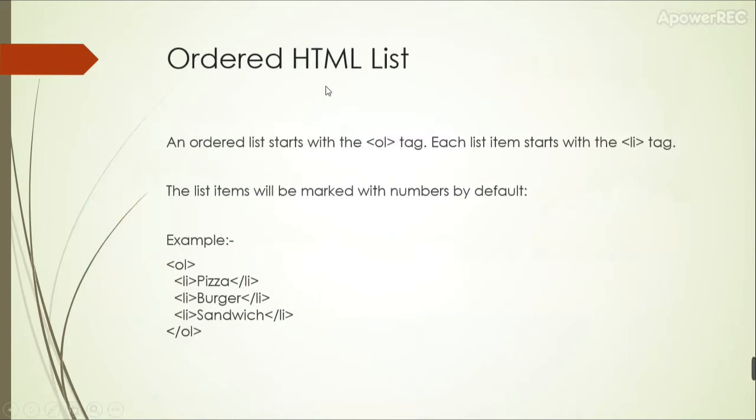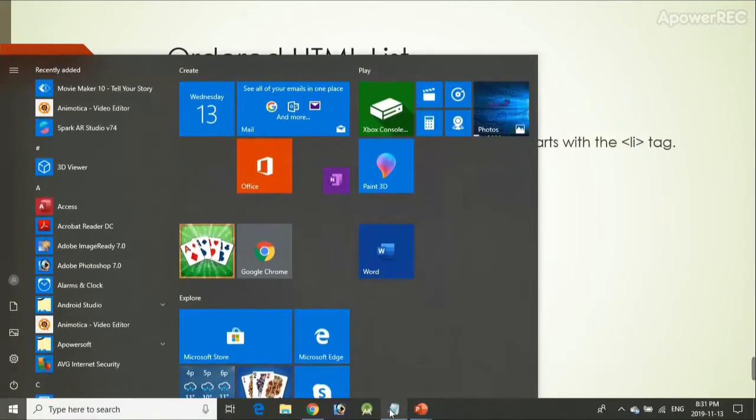Next one is ordered list. In an ordered list, start with the OL tag. Same as UL, we will use li for each list item. Just we need to change UL to OL.